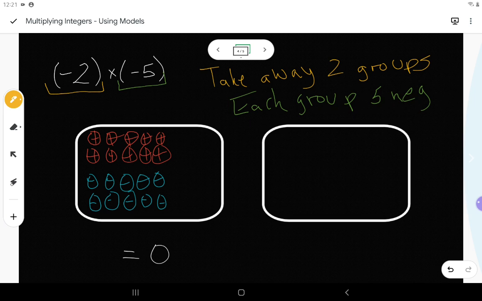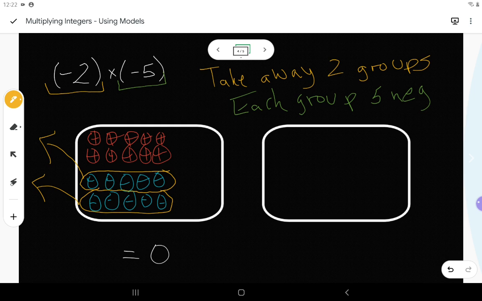So if I look, here's my first group of 5 negatives, and I'm going to take it away. I'm going to draw my arrow saying I'm going to remove this from my desktop. Here's my second group of -5, and I draw my arrow pointing away saying I'm going to take this off of my desktop.